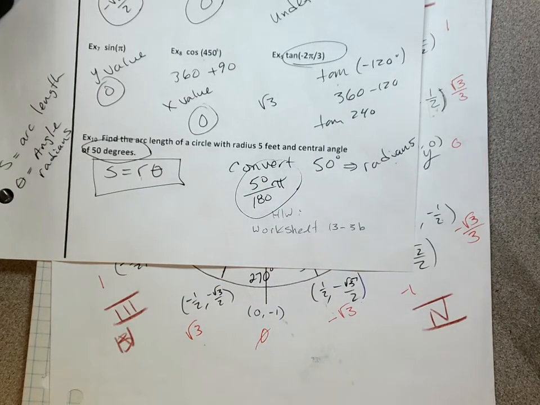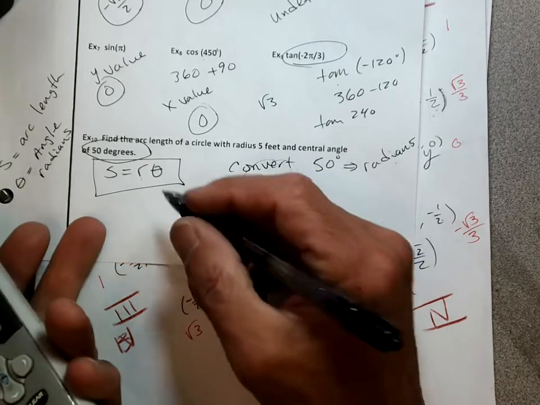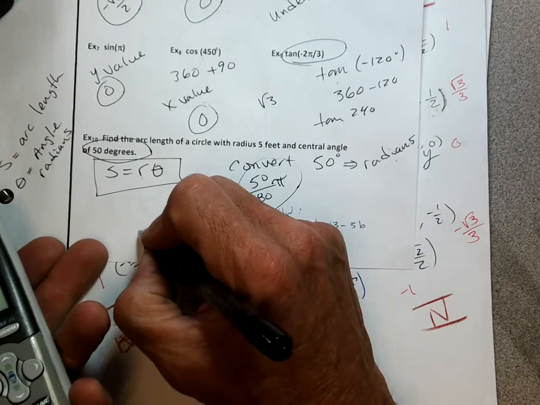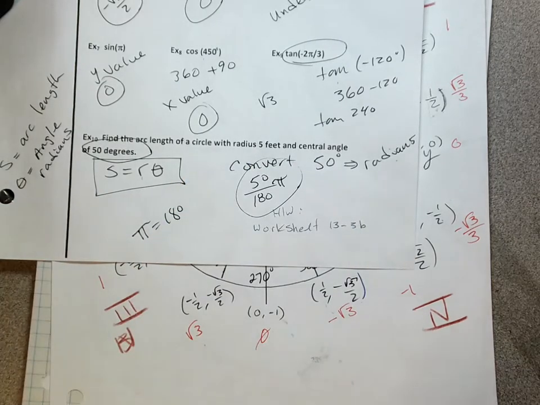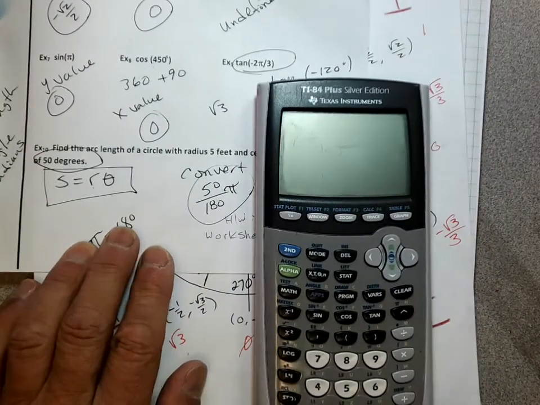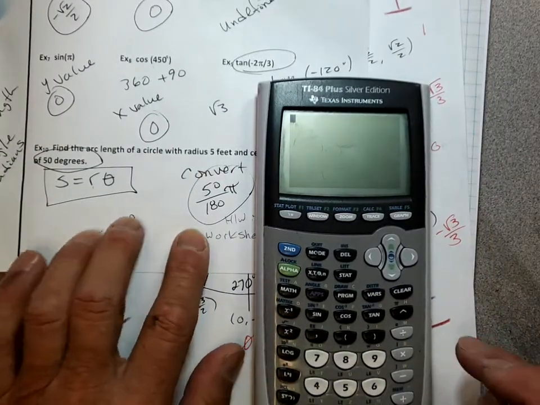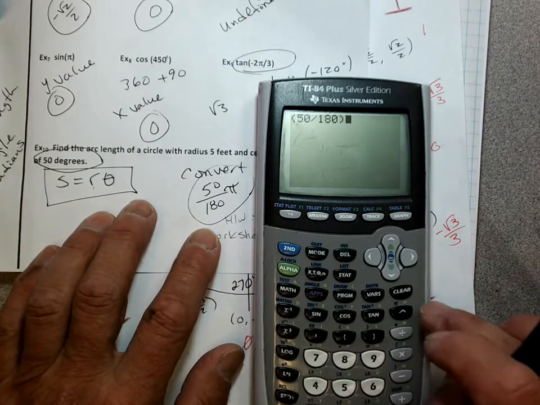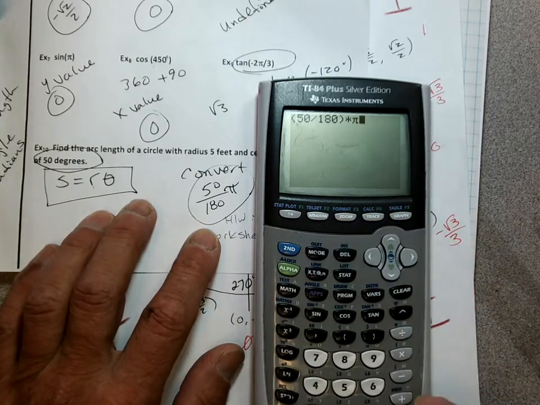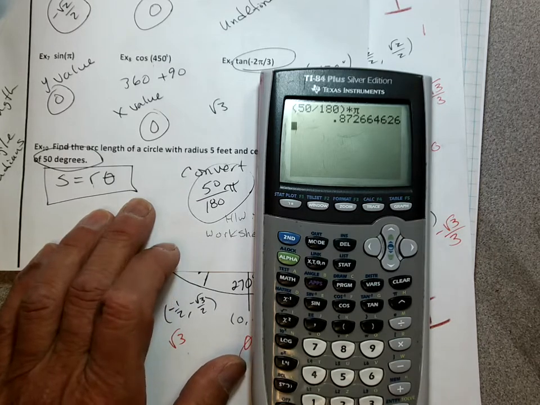Does the formula mean you're dividing by 180 to get rid of the 180, but pi equals 180, so you just multiply it by pi? Smart girl. Yes, because it's an equivalent. You have this equivalent right off the bat that in radians, pi is equal to 180. Exactly. Nice job, Claire. So if I did my 50 divided by 180 times my pi, it's about 0.87.